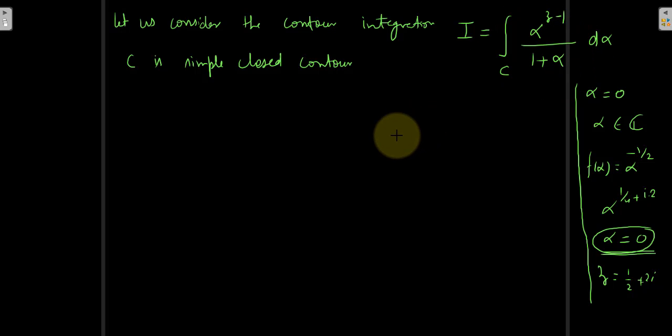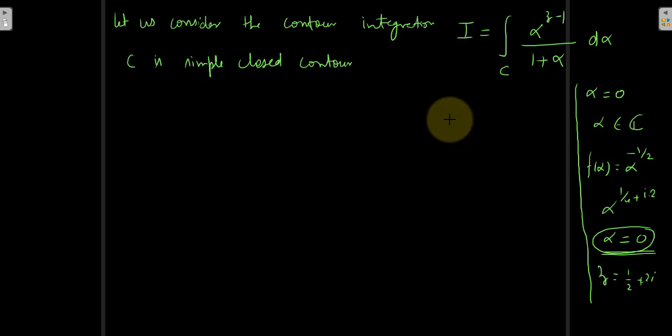Okay, so here what I'm going to do now, I have to exclude alpha equals 0, and at the same time I have to make sure that where this denominator is 0, this denominator is 0 at alpha equals minus 1. If you put alpha equals minus 1, this denominator is going to be 0. So I have to make sure at the same time that alpha equals minus 1 does not lie on the boundary of C.